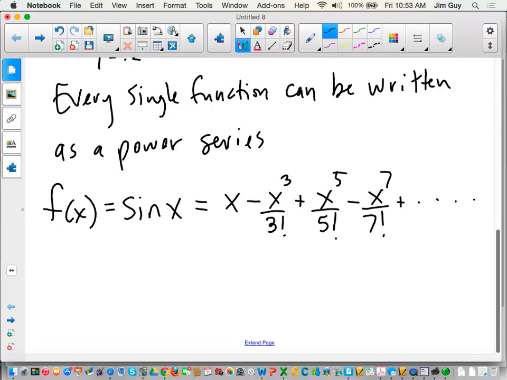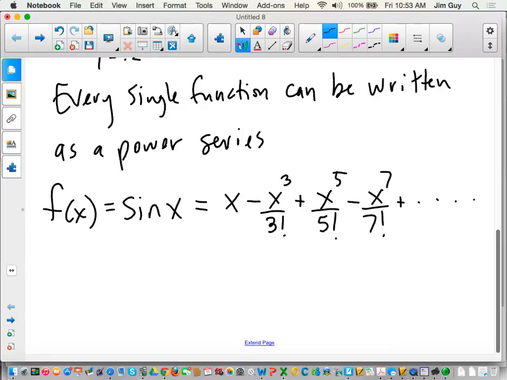Now, if you were living in the 1700s and you wanted to find the sine of 0.2, until calculus came around, what would you do? You'd have no idea what to do. But now, if we knew this power series, we could come up with a really good approximation by hand of the sine of 0.2, because calculators haven't been invented yet.